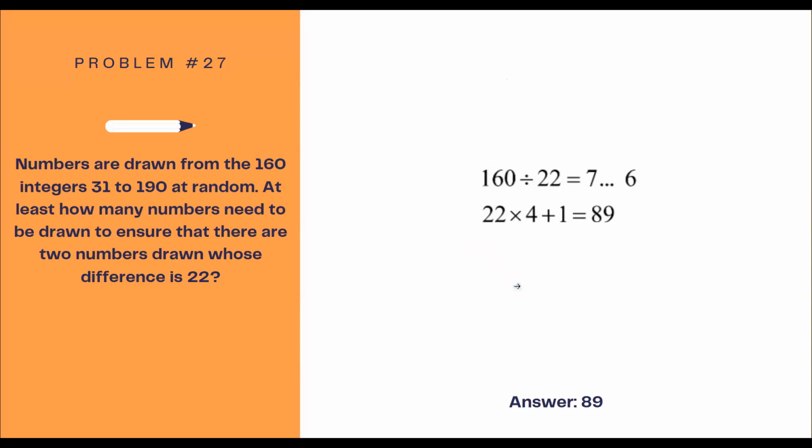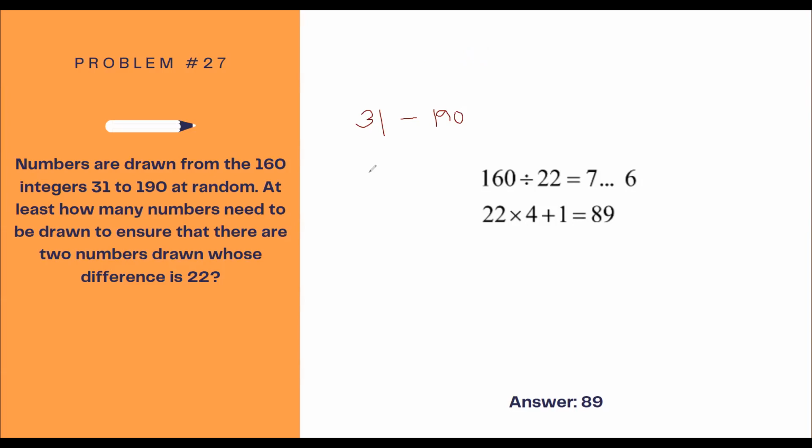So why do we multiply by 4? For example, wait, let me annotate. So we have 31 to 190, right? Then at least how many numbers need to be drawn to ensure that there are two numbers drawn whose difference is 22?